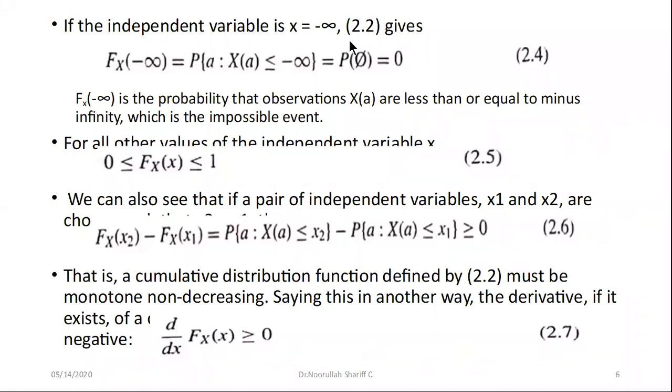Probability 0 means, say, the probability of occurrence of 6 in a grouped dice is 0. It can never occur, so it's an impossible event. For all other values of the independent variable x, the cumulative distribution function will generally be somewhere between 0 and 1.